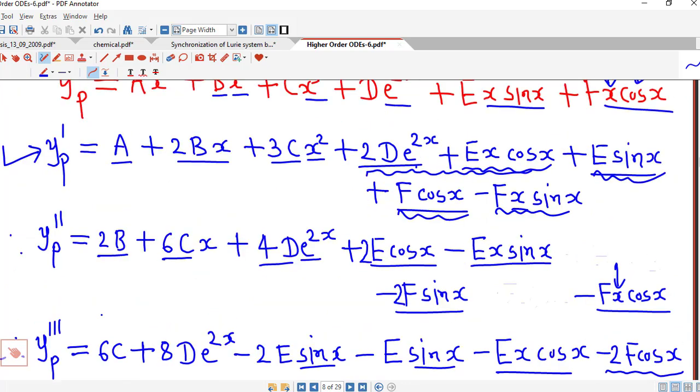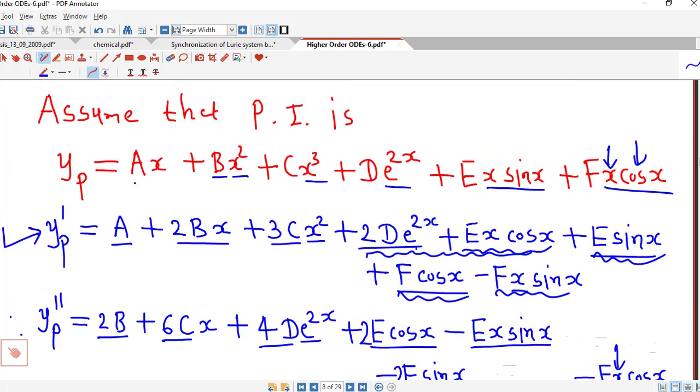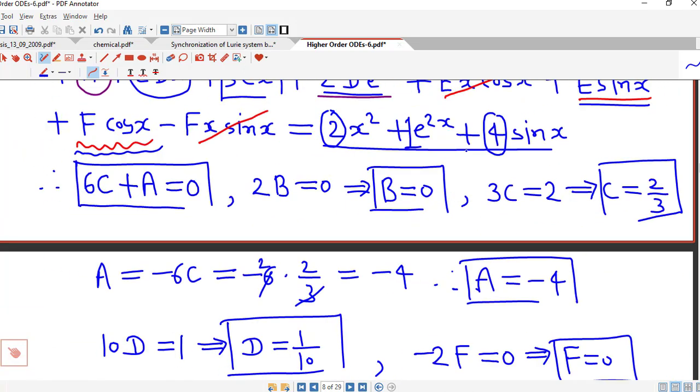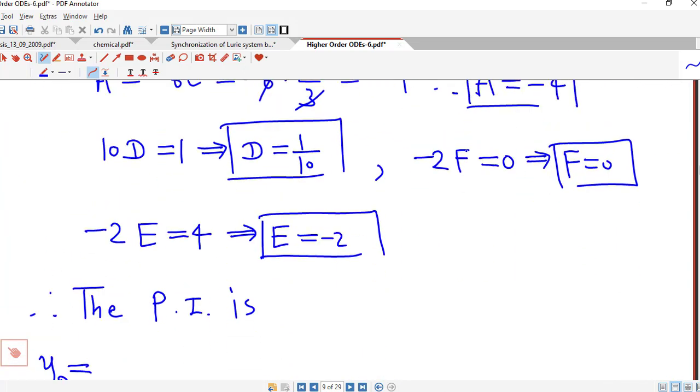we have yp equal to ax plus bx square plus cx cube. What is the value of a? a is minus 4, so we have minus 4x.